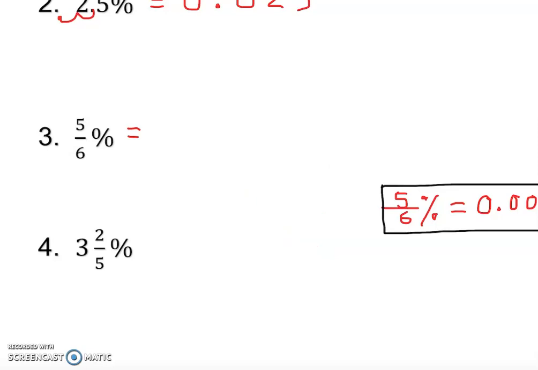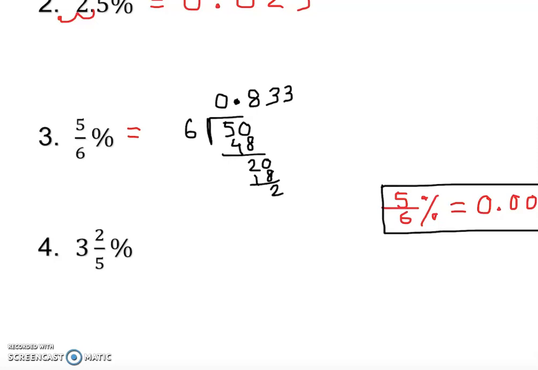So 5 over 6, so 6 and 5 is inside. 6 doesn't go into 5, we need to have a decimal up there, so 0. 6 goes into 8 times, which is 48, 2, and we can have a 0. 6 goes into 3 times, which is 18, 2, and notice that is just going to be repetition.